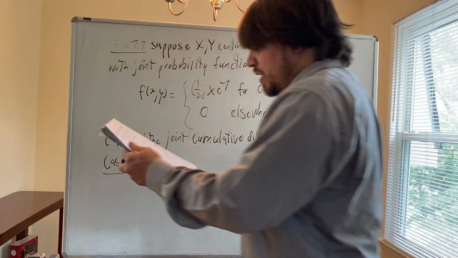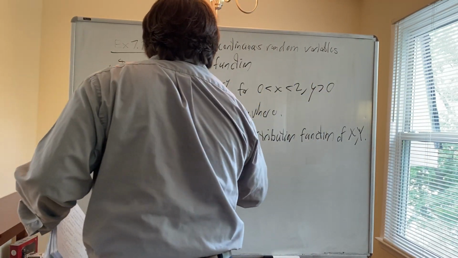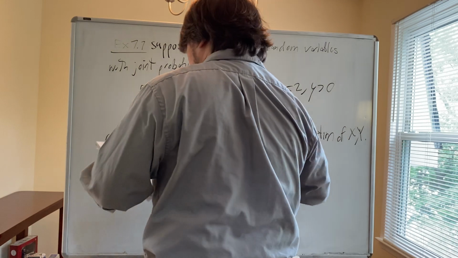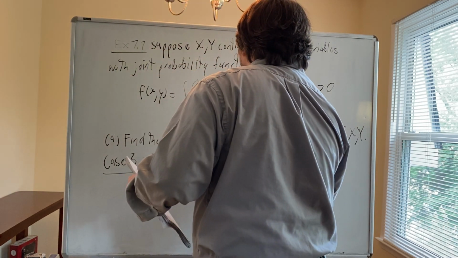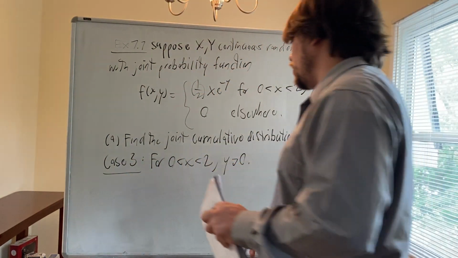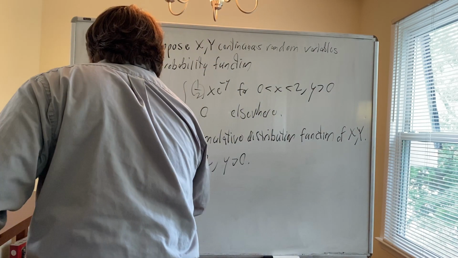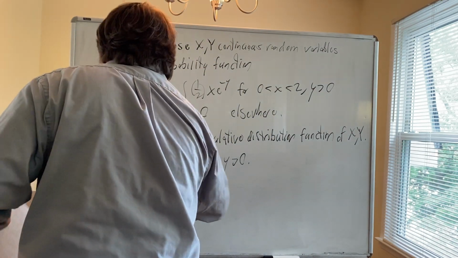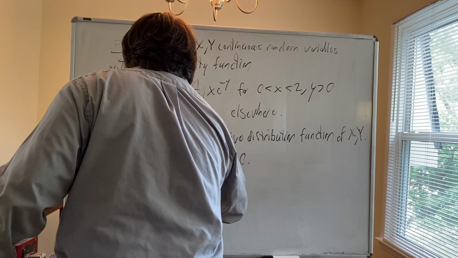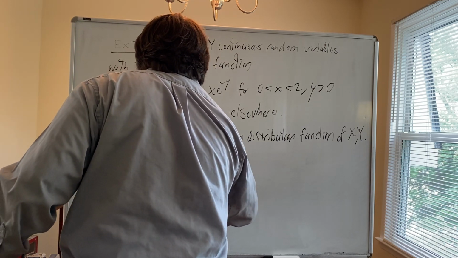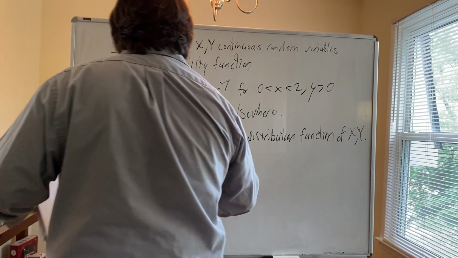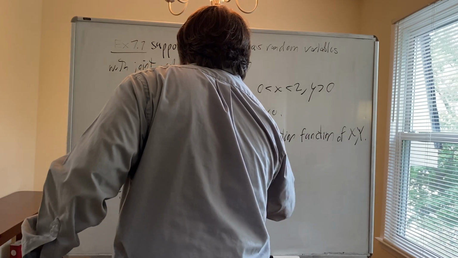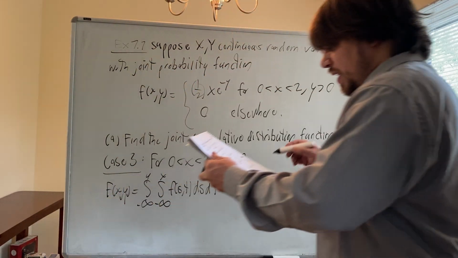Case 3 is for 0 less than x less than 2, y positive. So now we're going to consider x between 0 and 2 and y positive. Then capital F of x comma y is equal to the integral from negative infinity to y, integral from negative infinity to x, of f of s comma t ds dt.